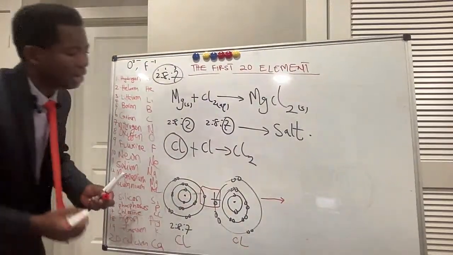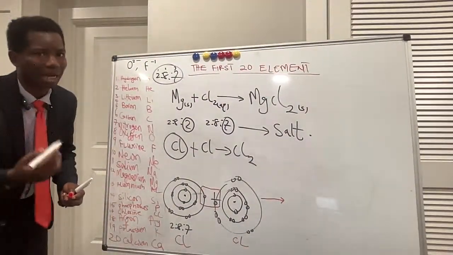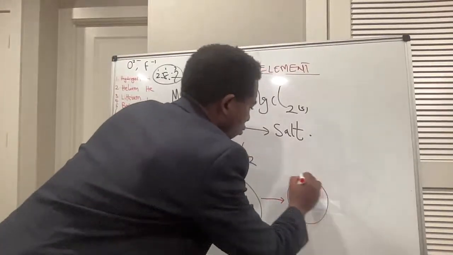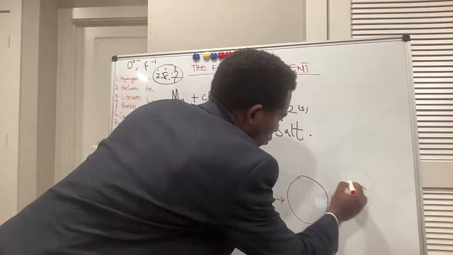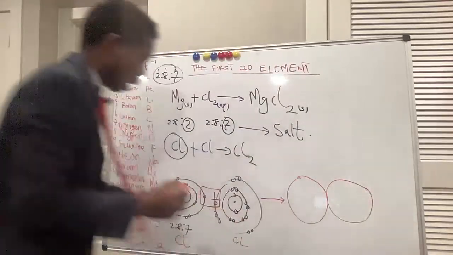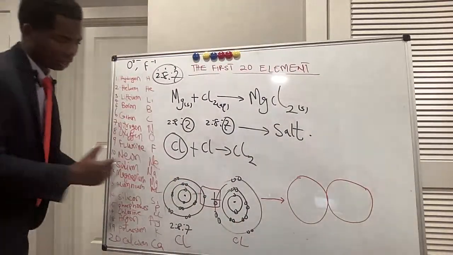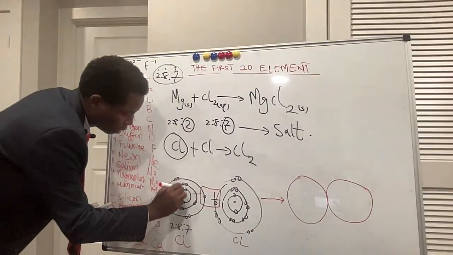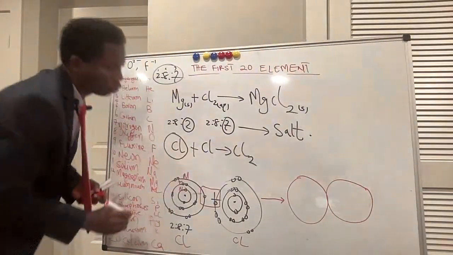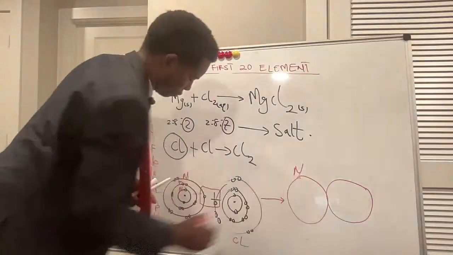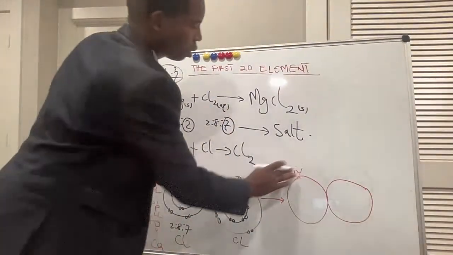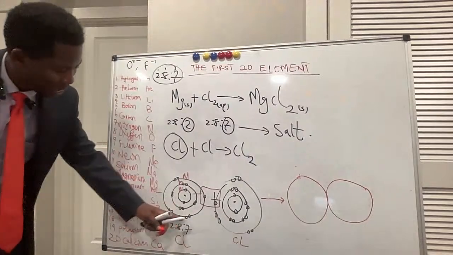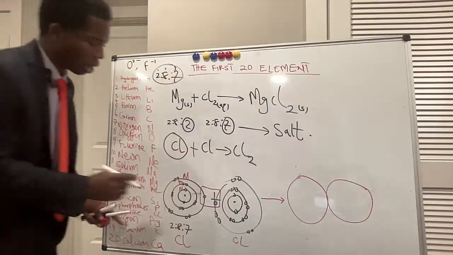So now let's represent it diagrammatically. This is the outermost shell, the third shell, M. We are talking about the electrons in the outermost shell.